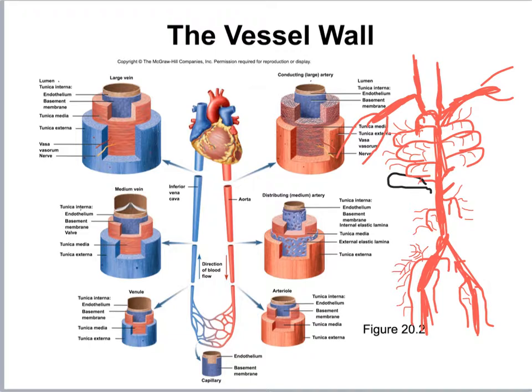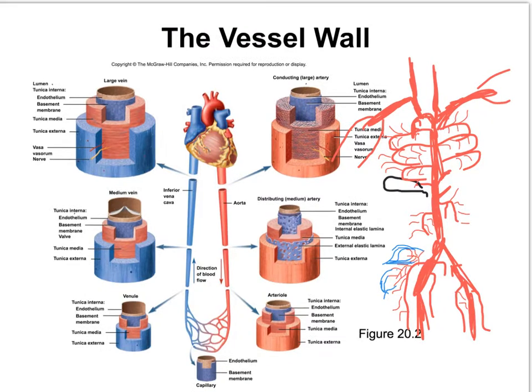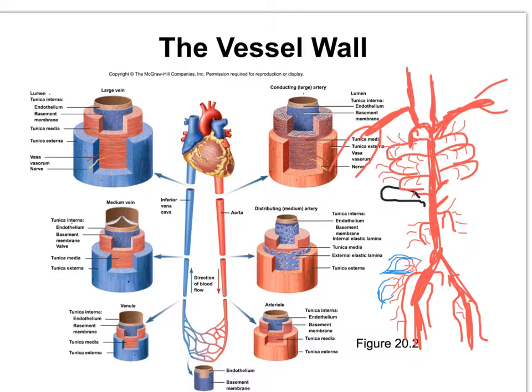And capillaries are where the gas exchange is going to take place. Because in capillaries, you have just an endothelium, and an endothelium is thin enough that you can get gas exchange happening.